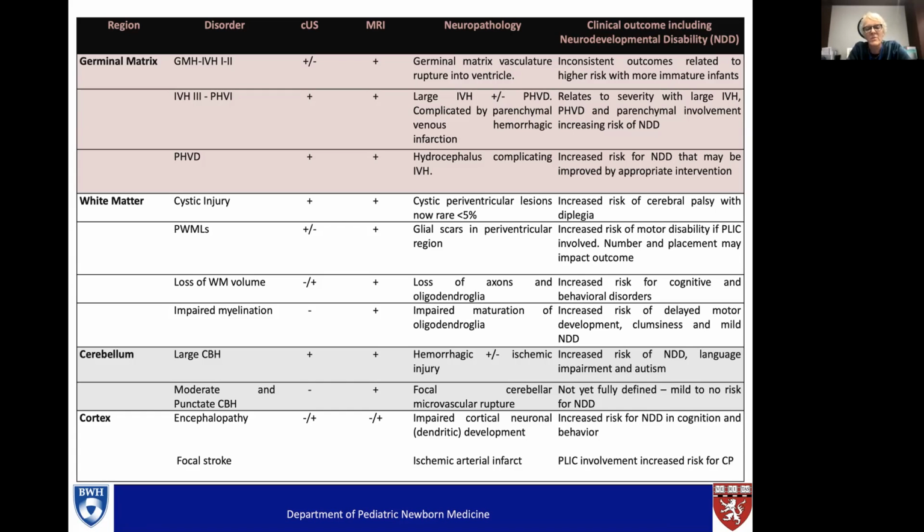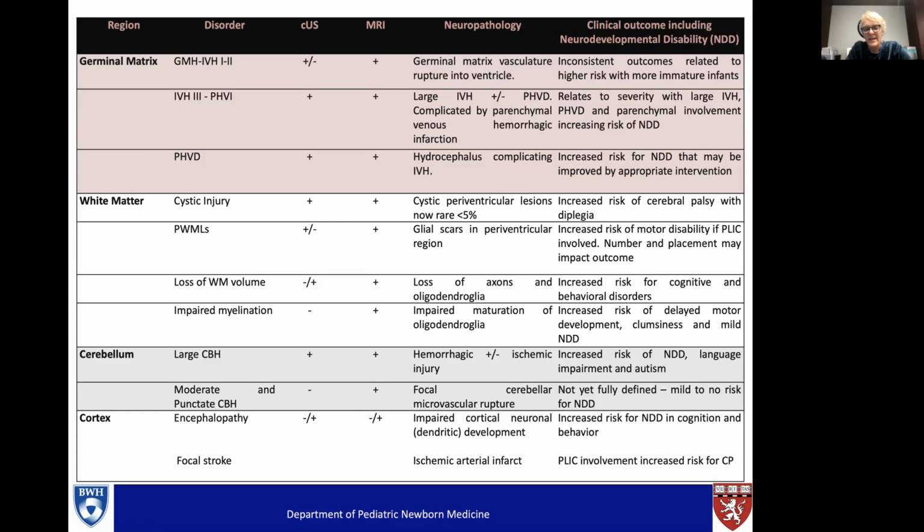In contrast, white matter injury needs to be defined by MRI. You can see that cranial ultrasound is able to see cysts, which obviously is associated with the risk of cerebral palsy, but each of the other forms of white matter injury are pretty poorly delineated by ultrasound and require MRI.